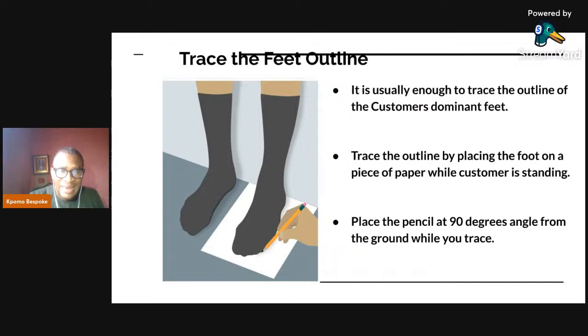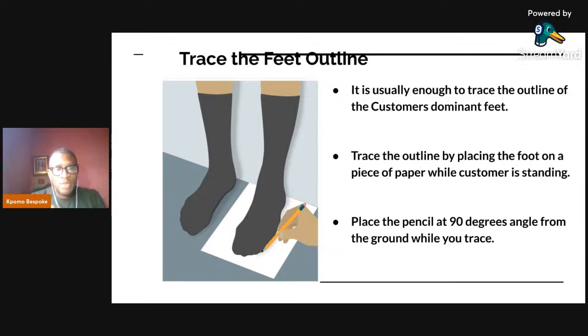You have to take the length of their feet from back to front. If you can see my cursor, you see where I'm pointing. So you draw an outline of their feet, especially having them wear the kind of socks that they will wear when they are wearing that shoe. If they are not going to be using any socks, then you can do away with that idea.